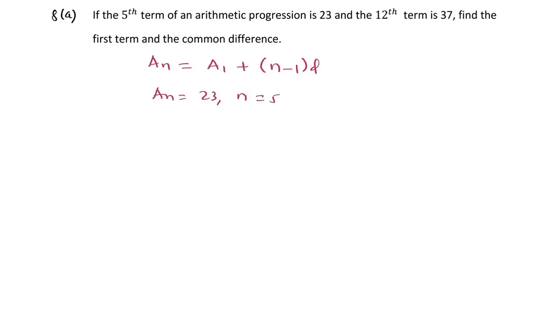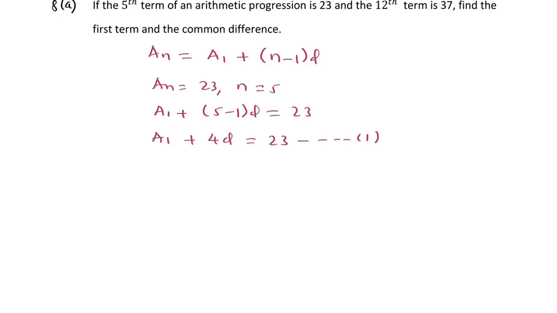Our equation is going to be a1 plus, in brackets, 5 minus 1 times d equals 23. Simplifying this, we have a1 plus 4d equals 23, and we are going to call this equation number 1.